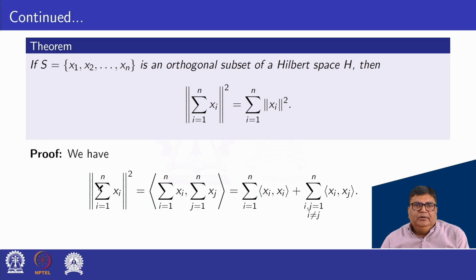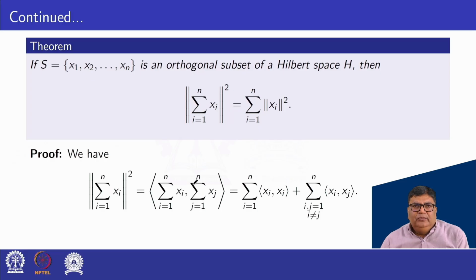We have norm of summation xi square, where i is equal to 1 to n. Here, suppose this as one vector, so this can be written as inner product of summation i is equal to 1 to n xi and summation j is equal to 1 to n xj.